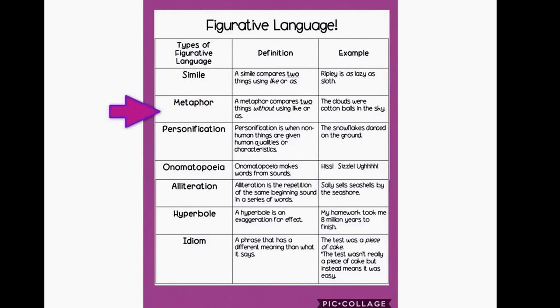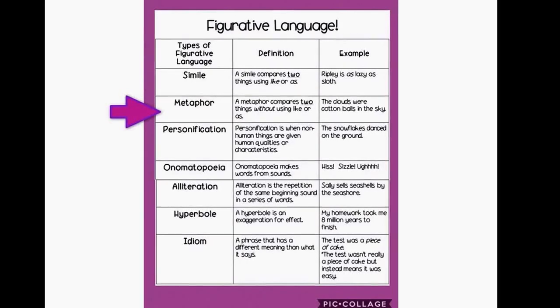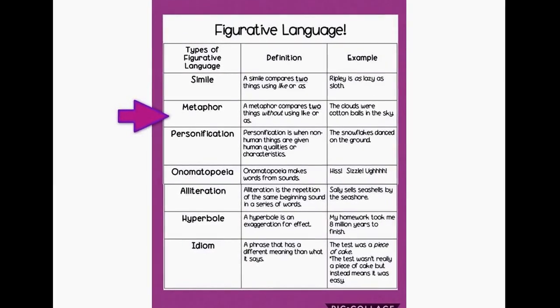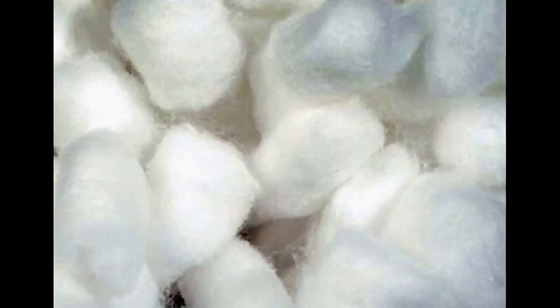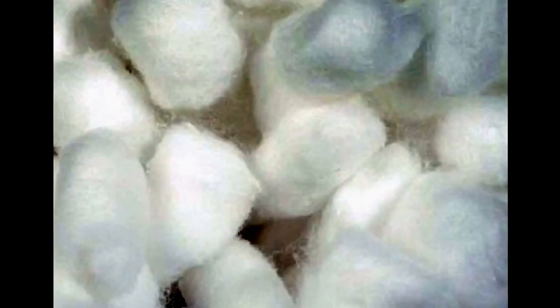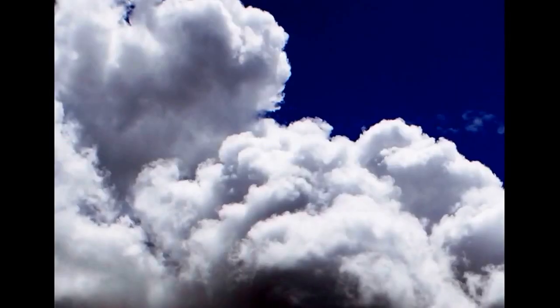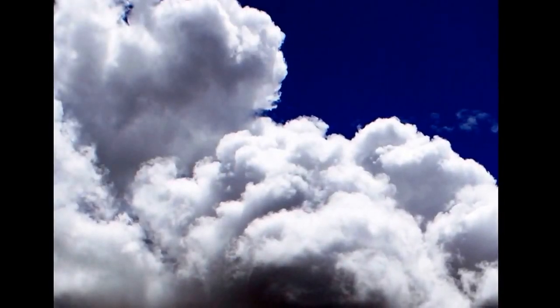It doesn't say the clouds were like cotton balls in the sky, but it says they actually were cotton balls in the sky. So, what the author says is they were actually cotton balls. That's not true. If we look up in the sky, there are no cotton balls in the sky. Instead, what the author means is that the clouds are very, very fluffy, like a cotton ball would be.